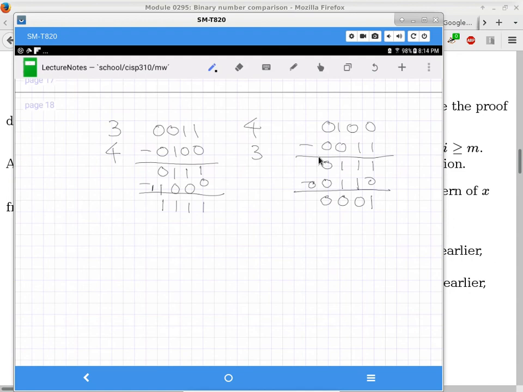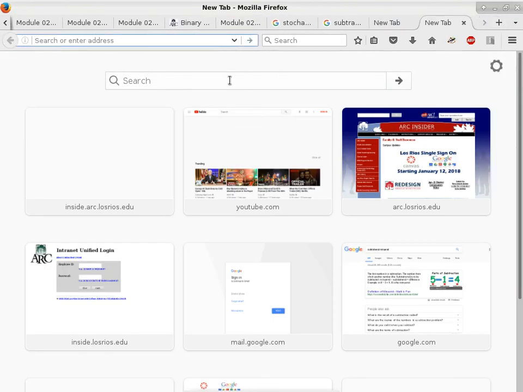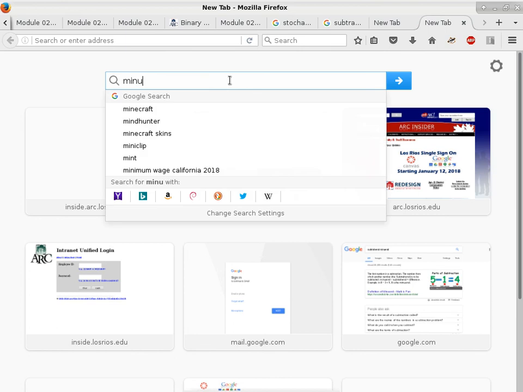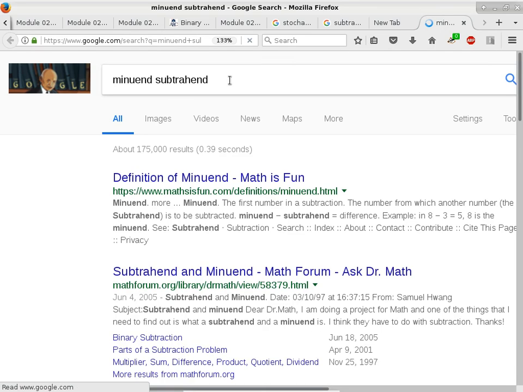Unless you refer to those terms a lot, some of you probably have forgotten what is a minuend and what is a subtrahend, right? I cannot trust my own memory for this type of thing, so we're going to look up minuend and subtrahend. And here we have the definitions.